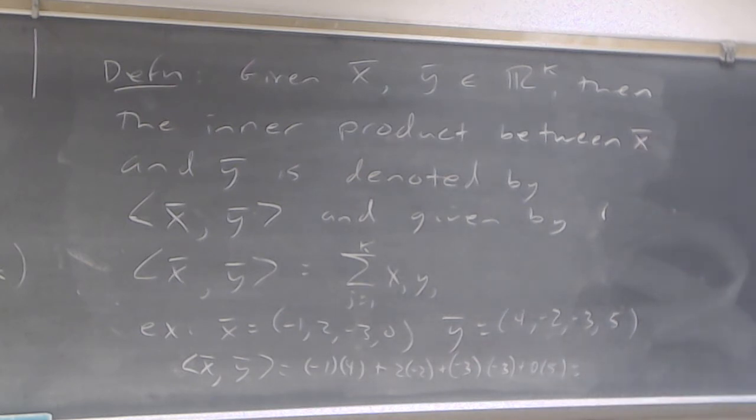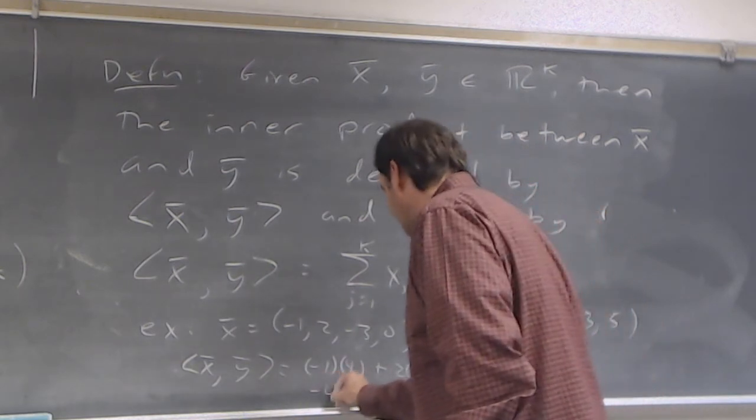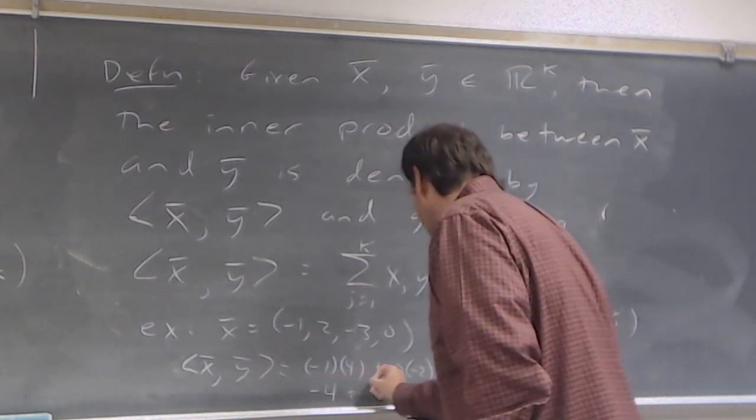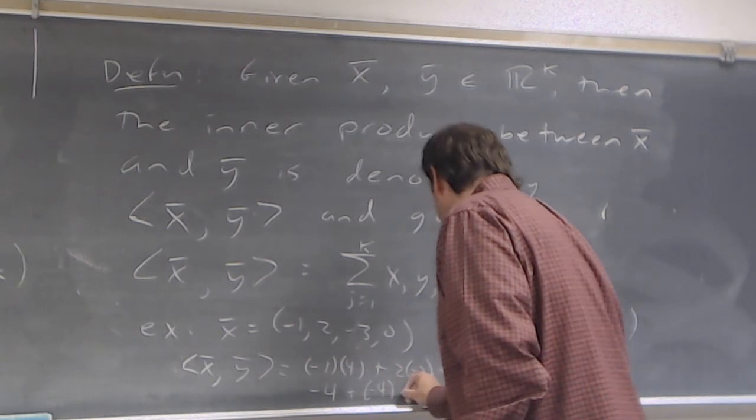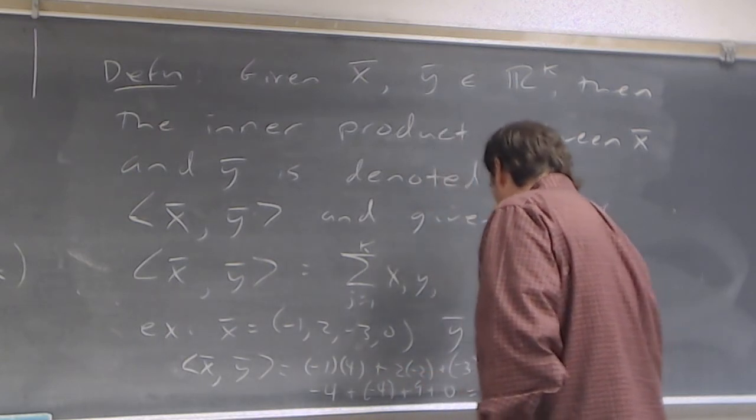This is -4 plus -4 plus 9 plus 0, and so that ends up being 1.